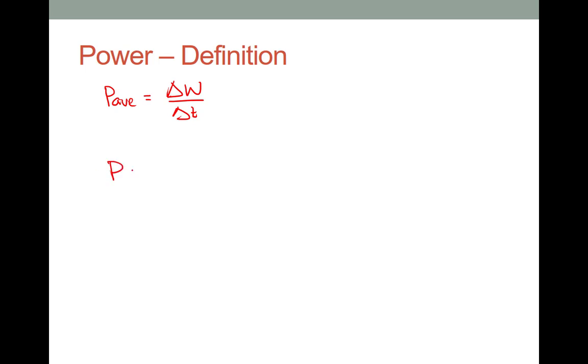If I want just power, that is found through the differential, not a huge surprise given that we know that often deltas turn into differential elements on the small scale. Or you could rearrange this, and if you know the power, integrate to find the work.